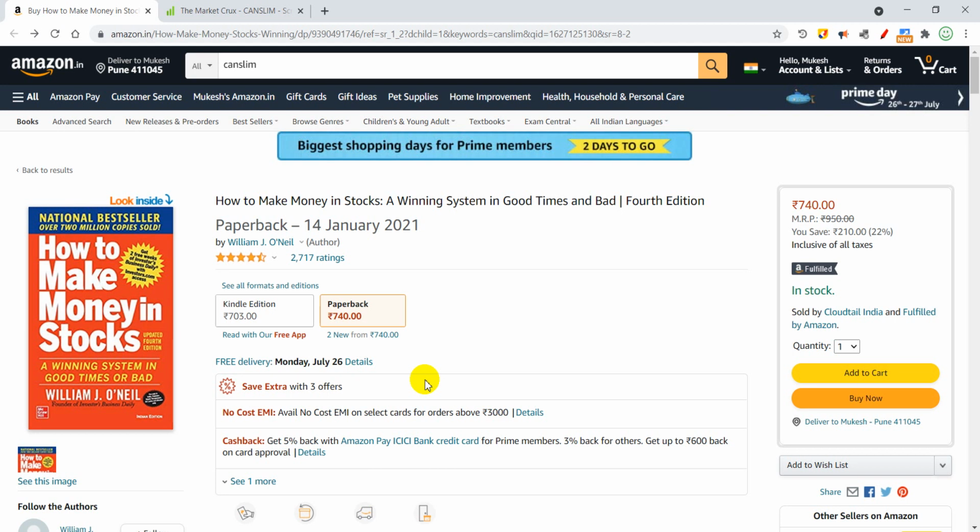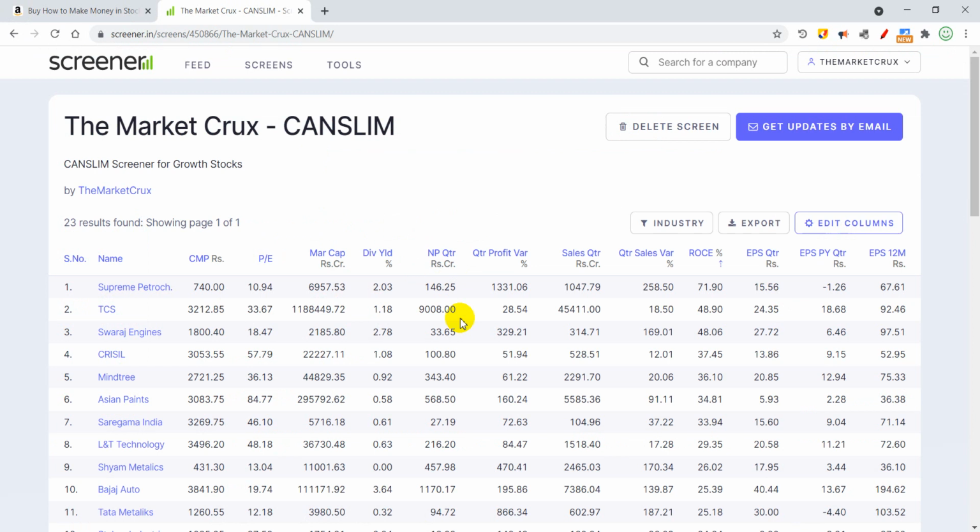So what I have done today is create a CAN-SLIM scanner on a website called screener.in. I'm sure anyone interested in fundamental analysis in the Indian equity segment understands that screener.in is one of the best for creating scanners on fundamental parameters. I have created a scanner called CanSlim.